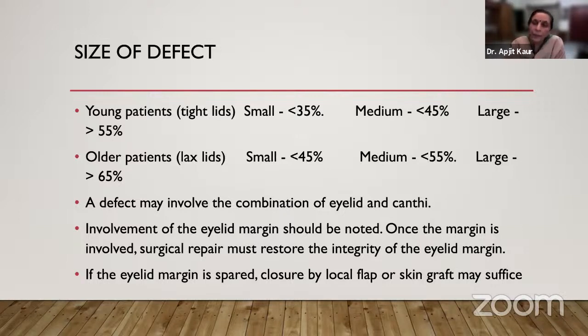Now, the defect may be of the lid alone, or it may include the canthi. Then the management will change. The involvement of the lid margin is also very crucial in deciding what procedure has to be taken. If the margin is intact, you can go with a local flap or a skin graft.